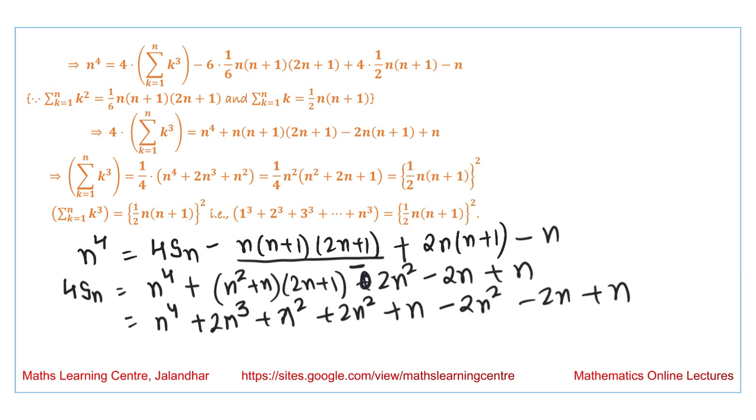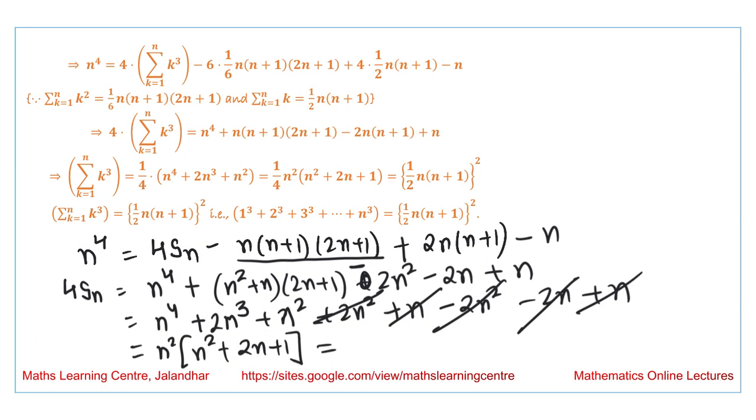So this 2n square gets cancelled, and this 2n gets cancelled, and we are left with n square into n square plus 2n plus 1, which is equal to n square into n plus 1 whole square.